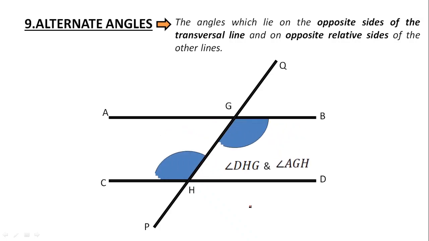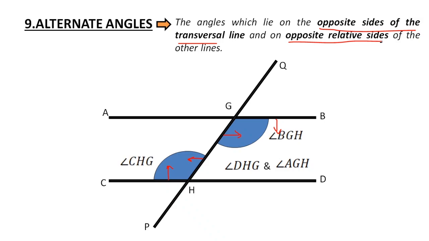So next, here it is below the line and on the right hand side, above the line and left side of the transversal. See here, it is right, it is left, it is above, it is below. So opposite side of the transversal line and opposite relative side. So these two are also alternate angles.